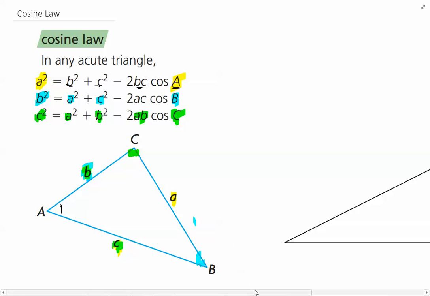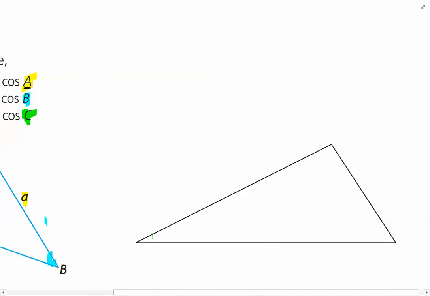So we can do this for any triangle. I'm going to use P, Q, R. Oops, now that should be a capital Q.